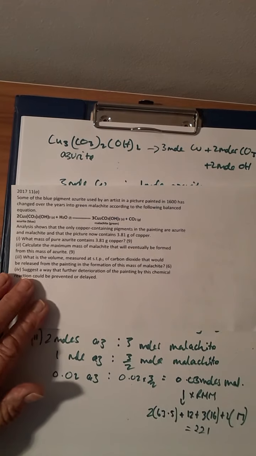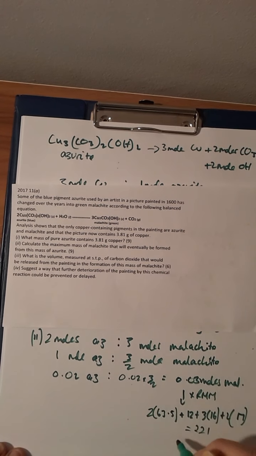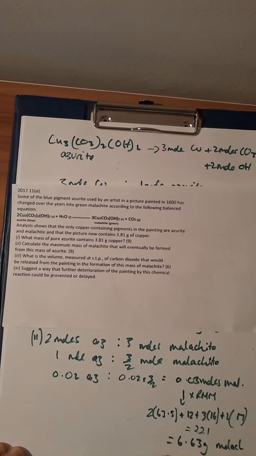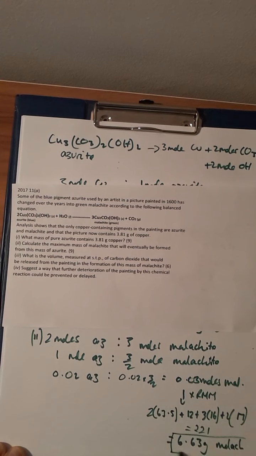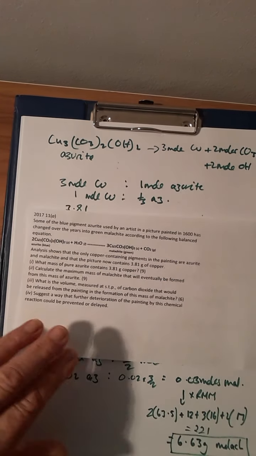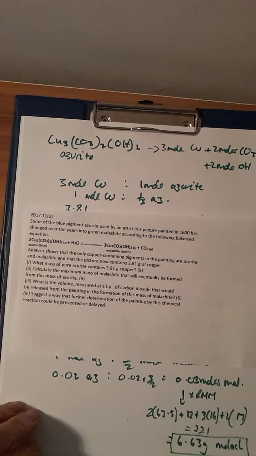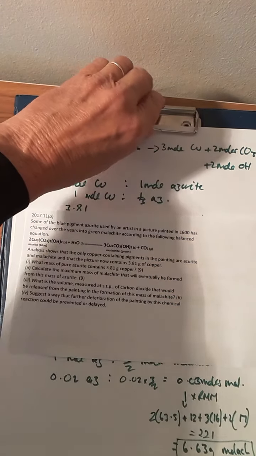So when you multiply 221 by 0.03, that will give you 6.63 grams of malachite. So be really careful now with the relative molecular masses. Then it says, what is the volume measured at STP of carbon dioxide that would be released from the painting in the formation of this mass of malachite?